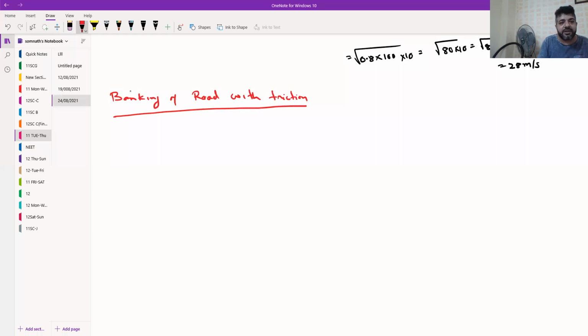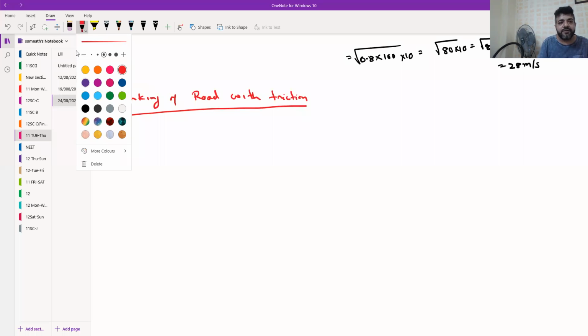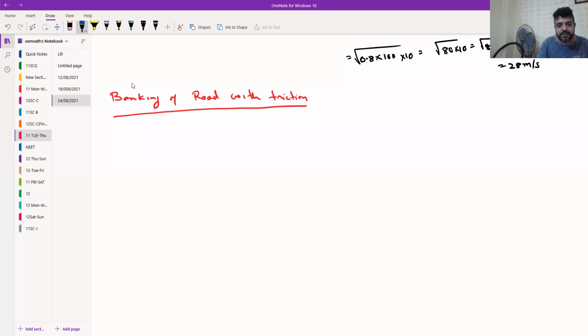So in this banking of road with friction, you have two situations. So first one, skids up or maximum velocity.